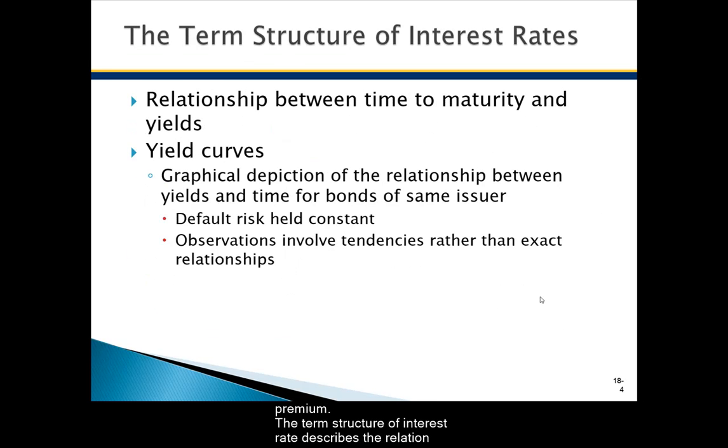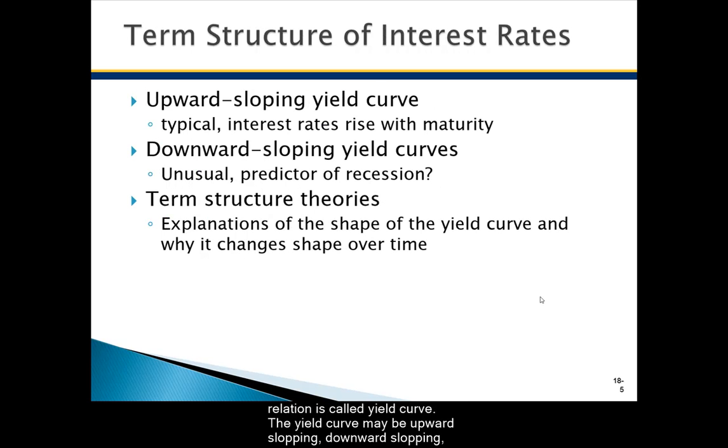The term structure of the interest rate describes the relation between the interest rate and the term to maturity. The graphic expression of this relation is called a yield curve. A yield curve may be upward sloping, downward sloping, flat, or zigzag. Several theories have been developed to explain the shapes of a yield curve.